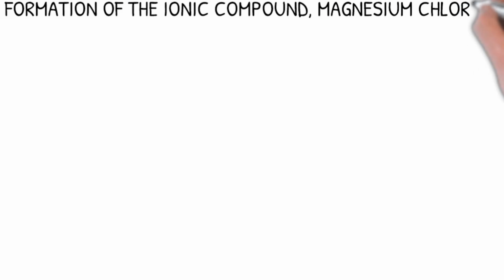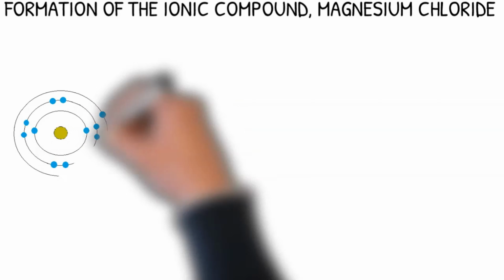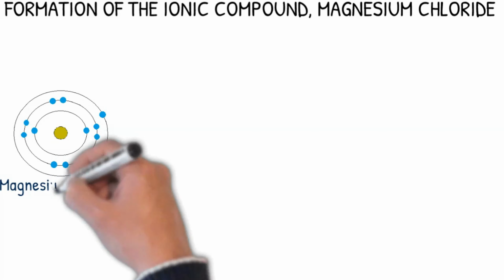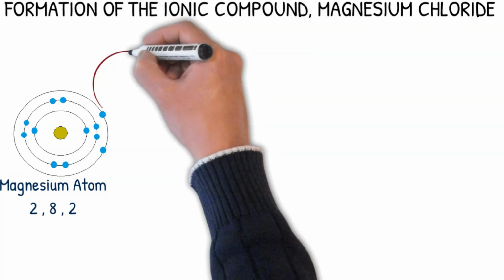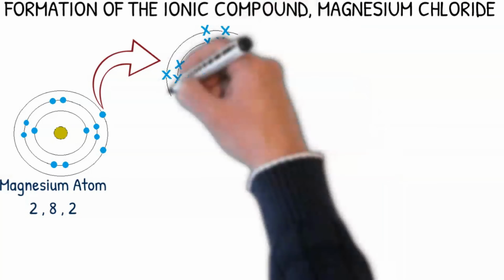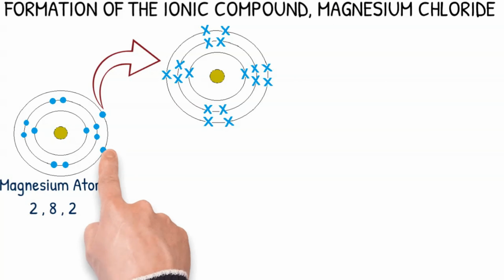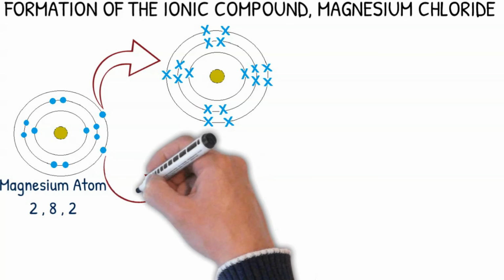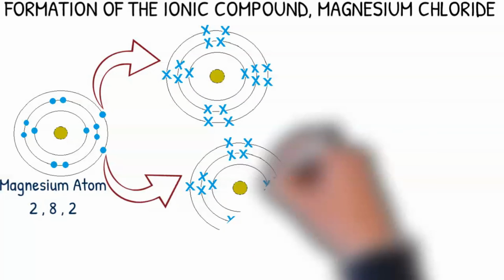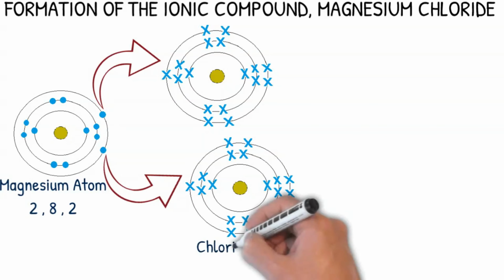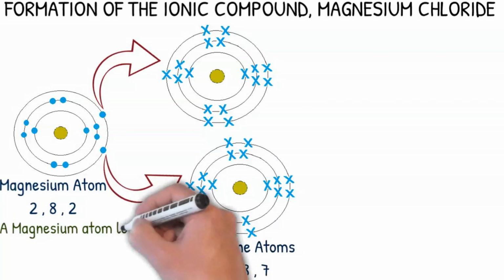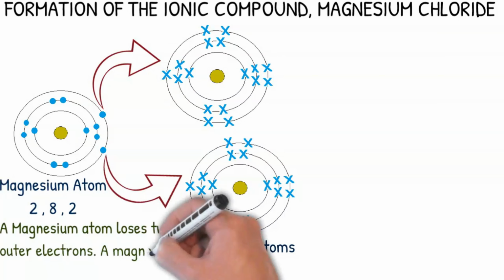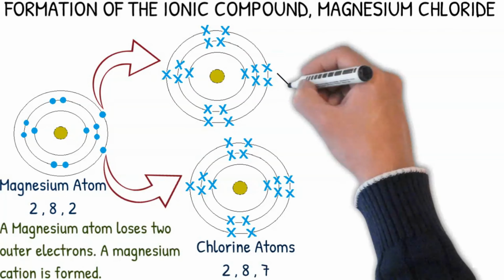Formation of the ionic compound, magnesium chloride. Magnesium atom has an electronic configuration of 2, 8, 2. Chlorine atoms have an electronic configuration of 2, 8, 7. A magnesium atom loses 2 outer electrons, a magnesium cation is formed.